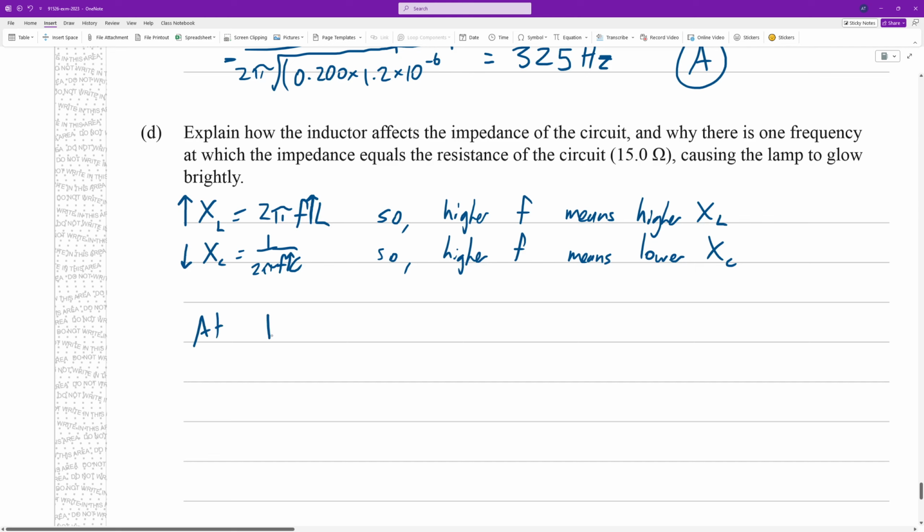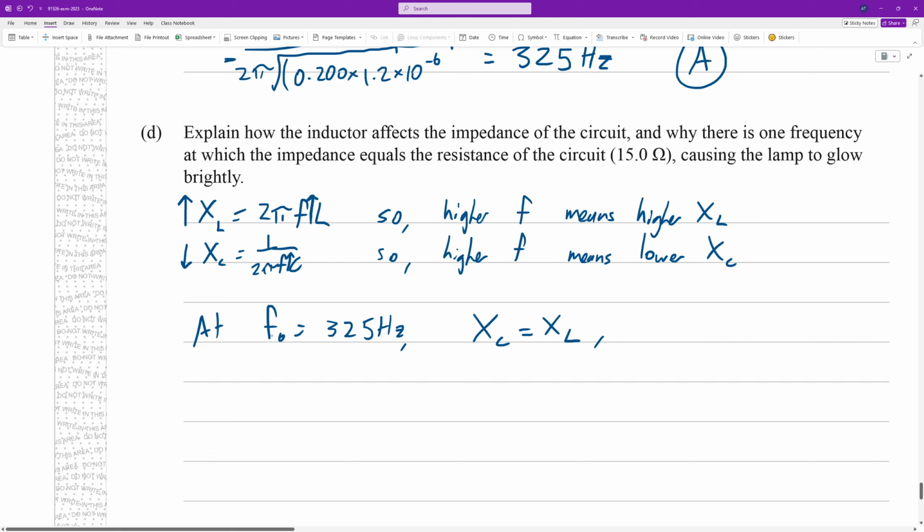At the resonant frequency, which we worked out was 325 hertz, the capacitive and inductive reactances are equal. Right? That is a definition of resonant frequency.